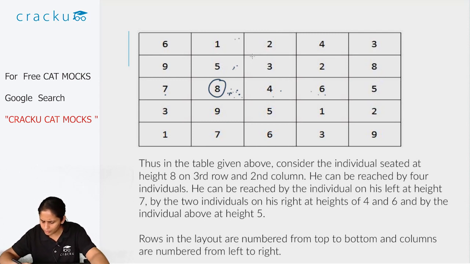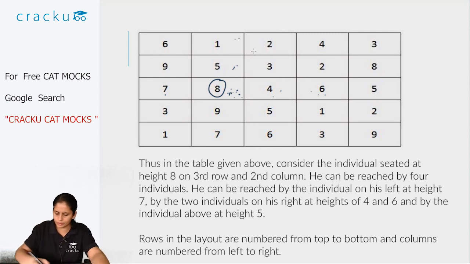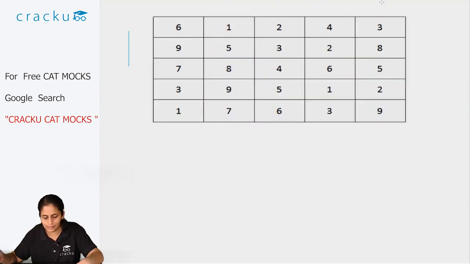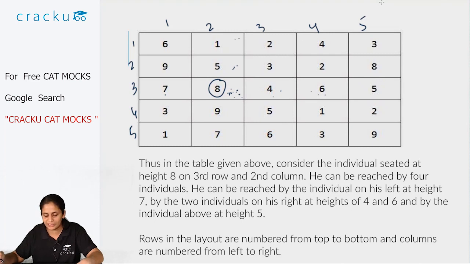So we can understand how these rules are working. The rows are numbered from top to bottom, so this is 1, 2, 3, 4, 5, and columns are numbered from left to right, so this is 1, 2, 3, 4, 5. All the questions in this particular set ask by how many people a given cell can be reached.